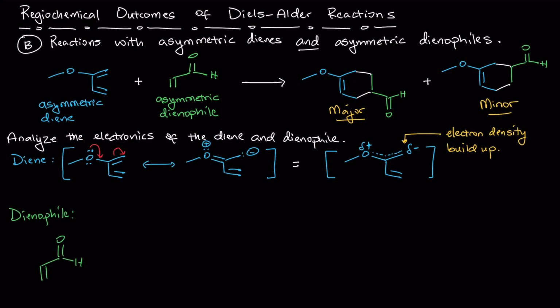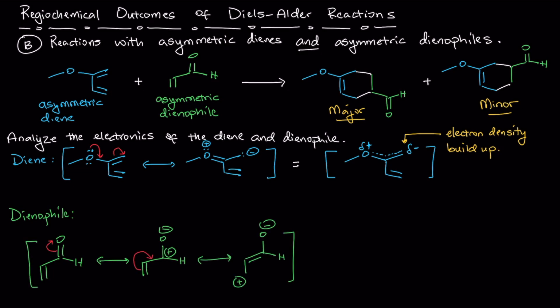With our dienophile, we also see that we can essentially engage in resonance forms here. Remember, this is a polar pi bond, which places a positive charge on the carbonyl carbon, and another resonance form can be drawn, which then places a positive charge on one end of the dienophile. Remember, the dienophile is just the two atoms in the pi bond that is going to be engaging in the Diels-Alder reaction.